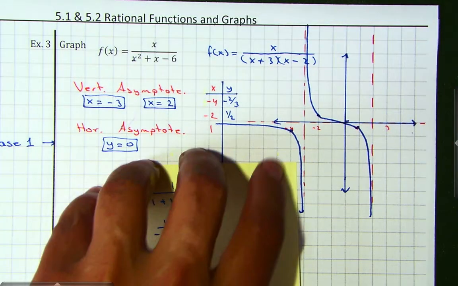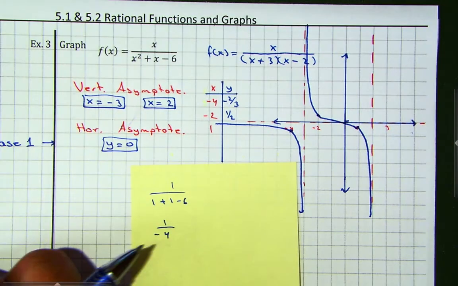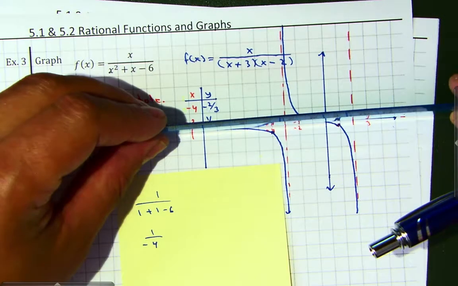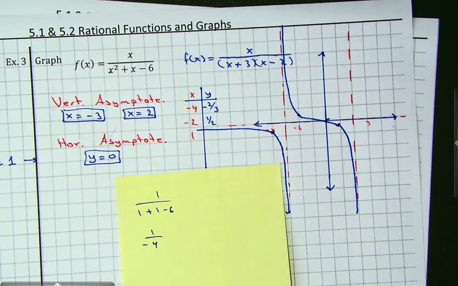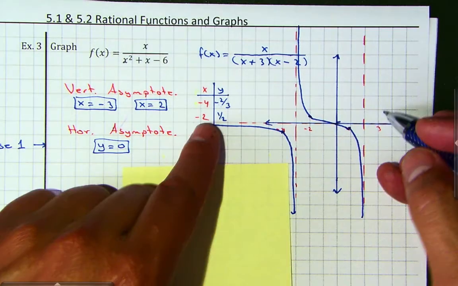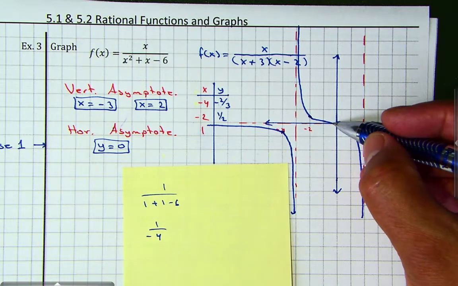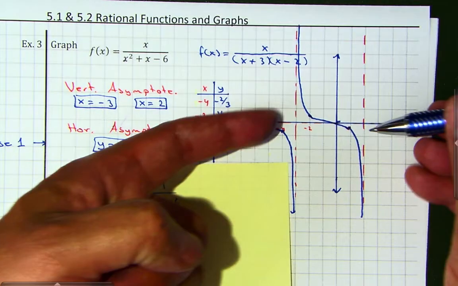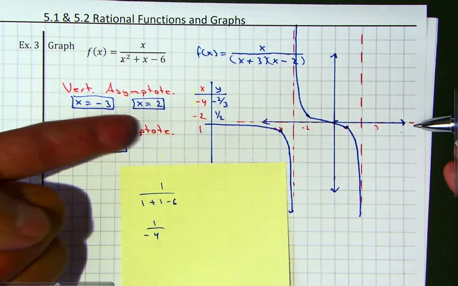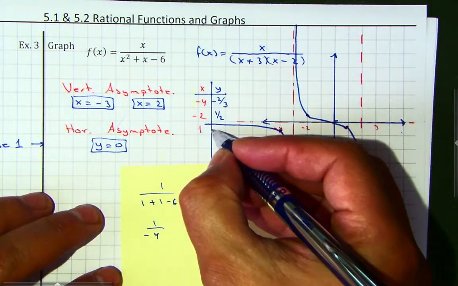So some of you will say, hold on, first you said that this was your horizontal asymptote, but then you tell me that it's crossing. Yes, sometimes in this case, whenever you have 3 components, it might cross your x-axis. Your asymptotes only apply on the left and on the right. So that gives me negative 1/4.